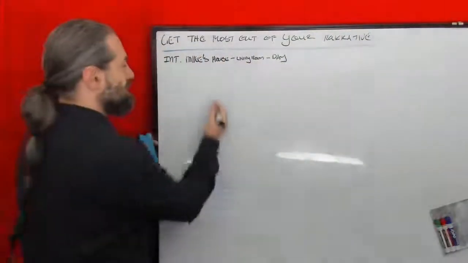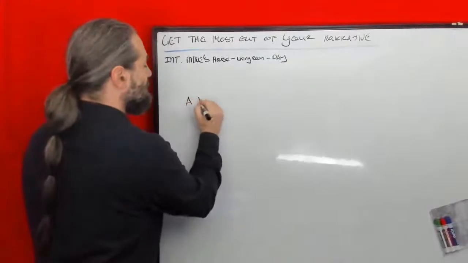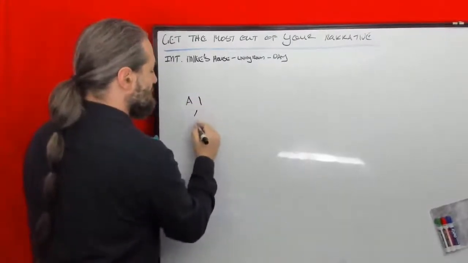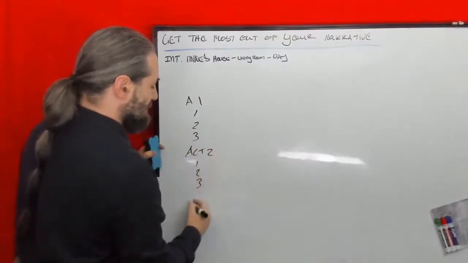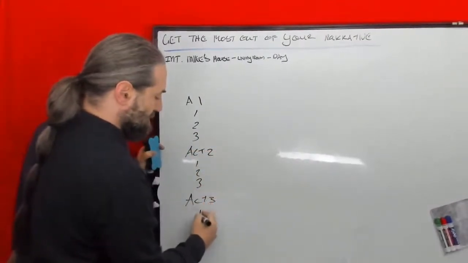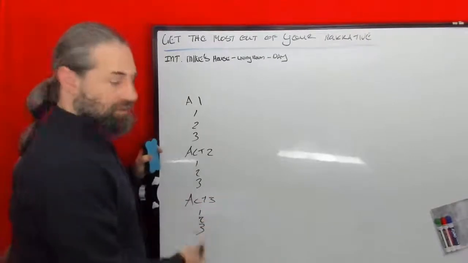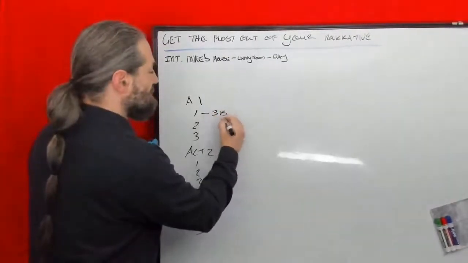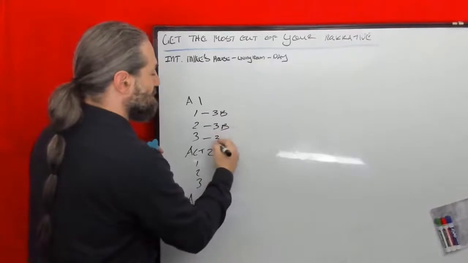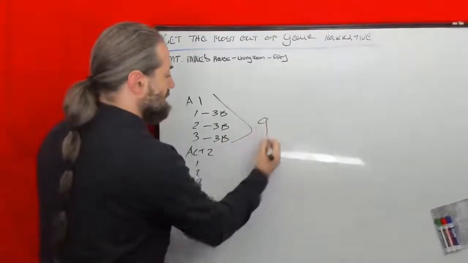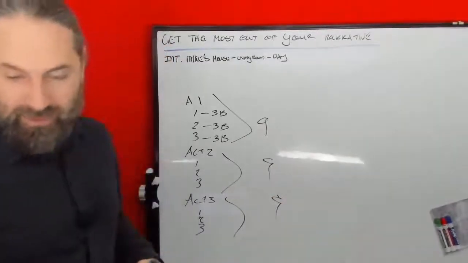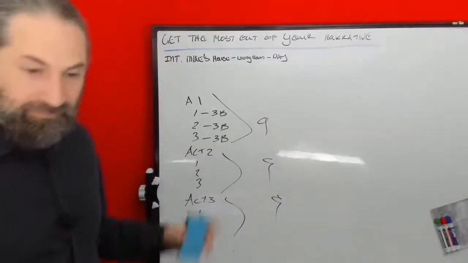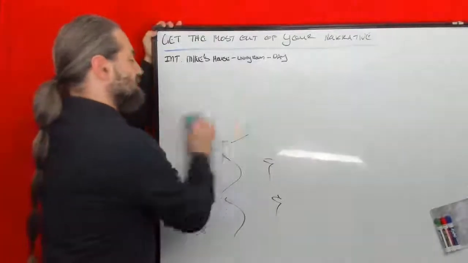Because if you look at the math, Act 1 has 3 sections, Act 2 has 3 sections, and Act 3 has 3 sections. And then each of these have 3 beats. So this is 9, and if it's 9, 9, and 9, it's 27 beats. So it's important to know that there are 27 beats you're supposed to hit.